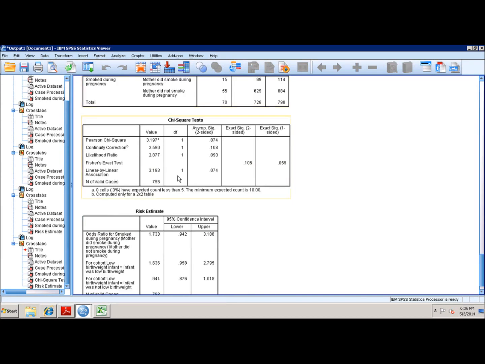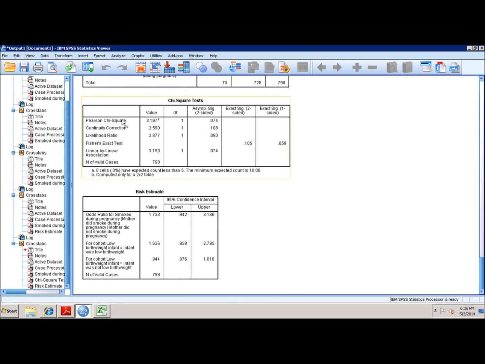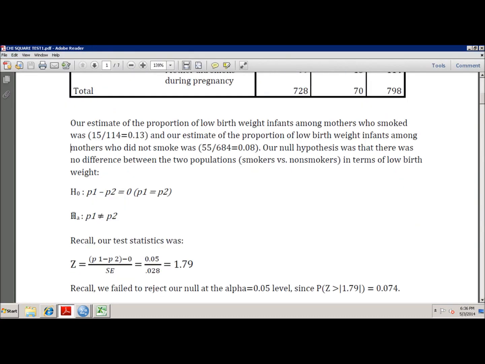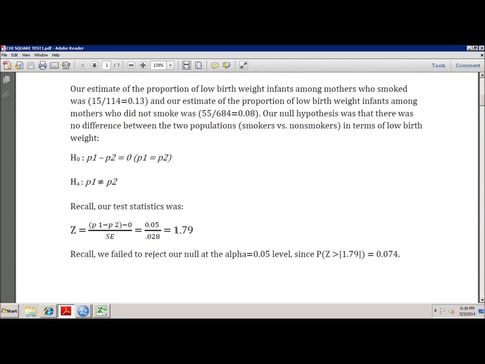So what we end up getting here is a chi-squared test result. And we notice here on the top row is what we're interested in, the chi-squared value of 3.197 with the p-value of 0.074. Notice that the p-value is exactly the same as that for the z-score.